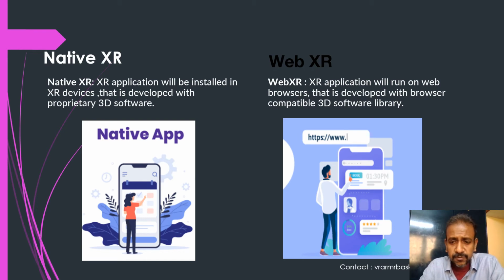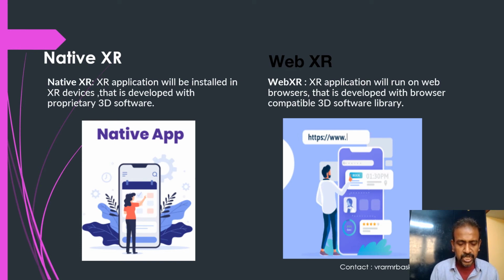For a native app, I would like to draw an example of mobile applications. If you have Android or iOS mobile devices, one can download the applications available in the relevant Play Stores, get them installed on their devices, and start using the application. That is basically a native app.